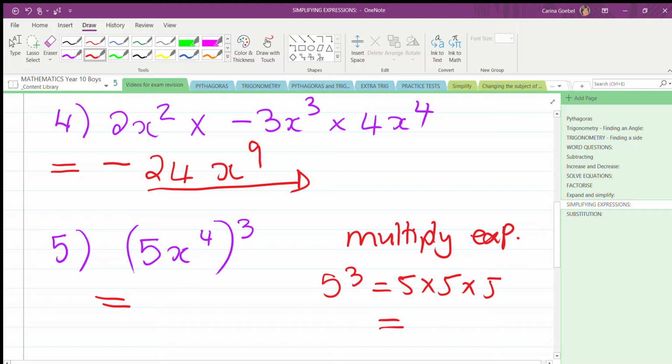If you work that out, that gives you 125. So therefore, 5 cubed is going to be 125. And then you multiply these two exponents. So 4 times 3 gives you 12.